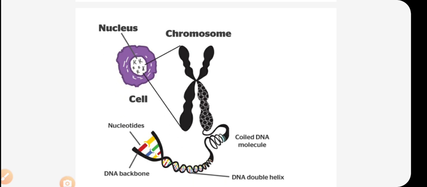Later on, Sutton and Boveri said that chromosomes are the physical carriers of genetic information from one generation to another. In these chromosomes, the long thread-like DNA molecule is packed. As you are watching in the slide, the chromosomes are present in the nucleus of the cell and contain the genetic information-carrying DNA molecule.